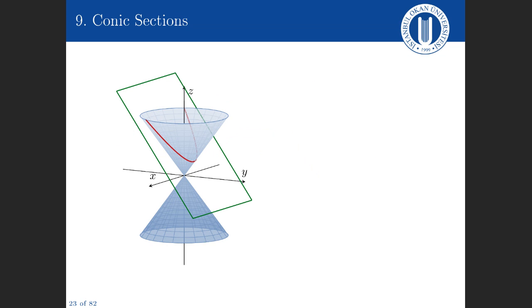What if we cut at a steeper slope? I'm going to draw a quick picture here. If we drew a 2-dimensional picture of the cone like this, the point is that the green plane has the same slope as the edge of the cone.